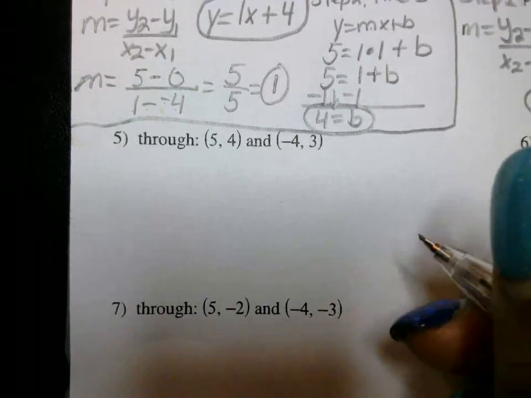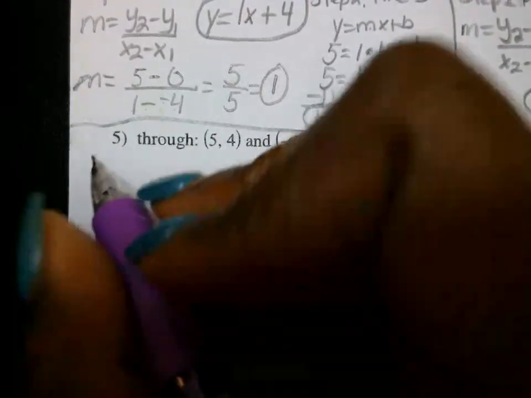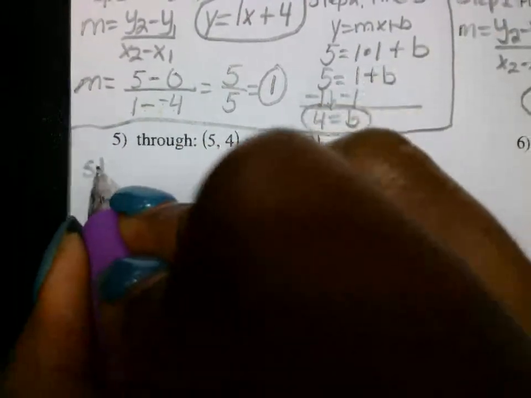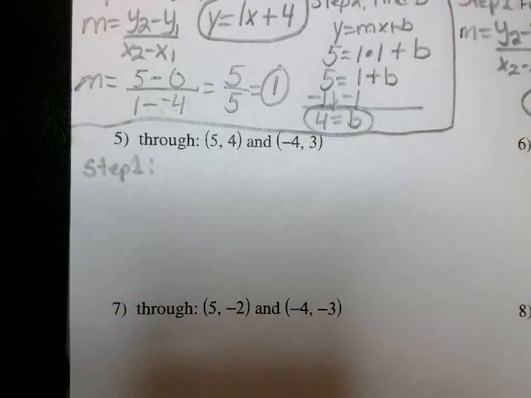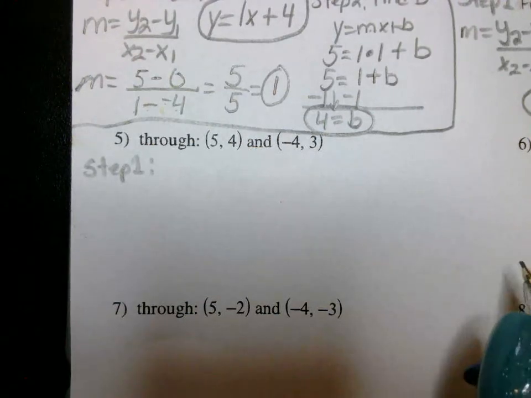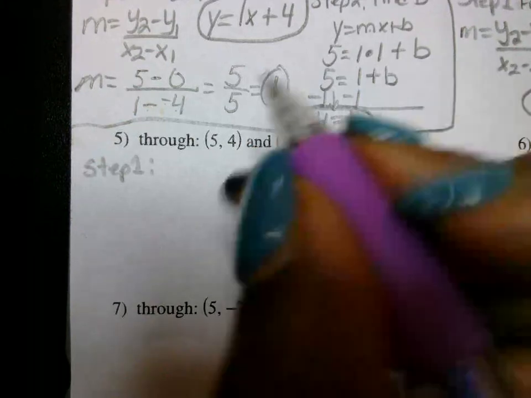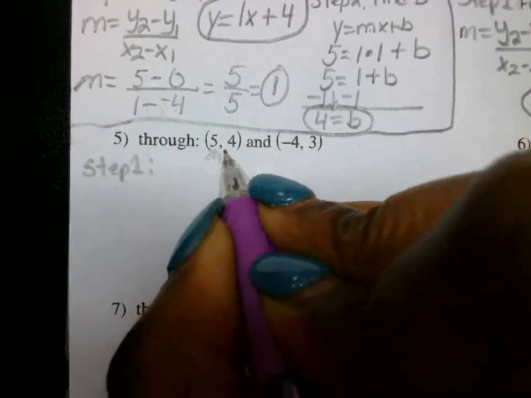All right, let's look at number 5. What's the first step? Step 1. That is with graphing. Try again. Not sure? That's okay. What do you think it is? X1, Y1.